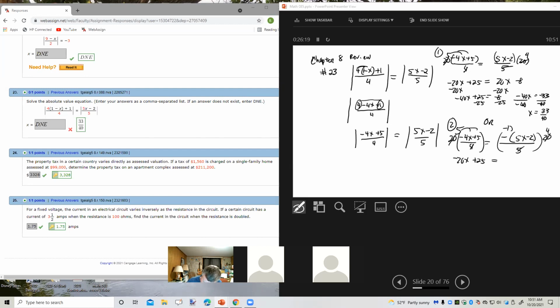So this is like negative 1 times 5x minus 2 times 4, right? So I could take negative 1 times 4 first and then distribute that. So that gives me negative 20x plus 10. Okay, well then let's add 20x to both sides. And I get 25 equals 10. Well, that's not true, so that leads to a dead end. So we only have one solution.